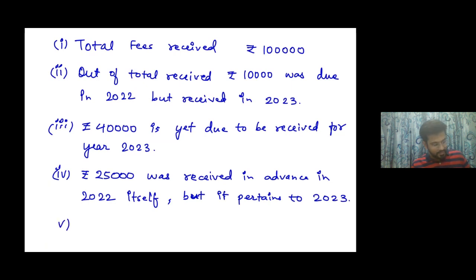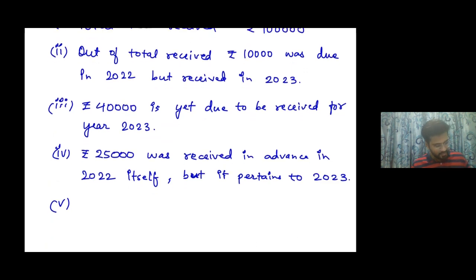And last adjustment. So, too many adjustments. Can we do this? Yes, you have to try it first and then I will explain. Okay, last adjustment: rupees 15,000 was received in advance in year 2023.